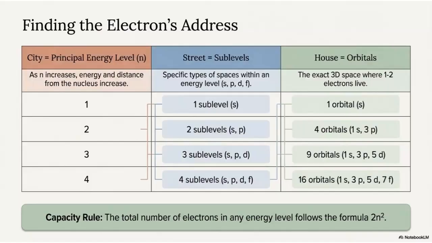So N goes from 1 to infinity. Lucky for us, we don't have to go to infinity with this. N is going to go all the way to 7, and that's it. So for all purposes, it goes from 1 to 7.